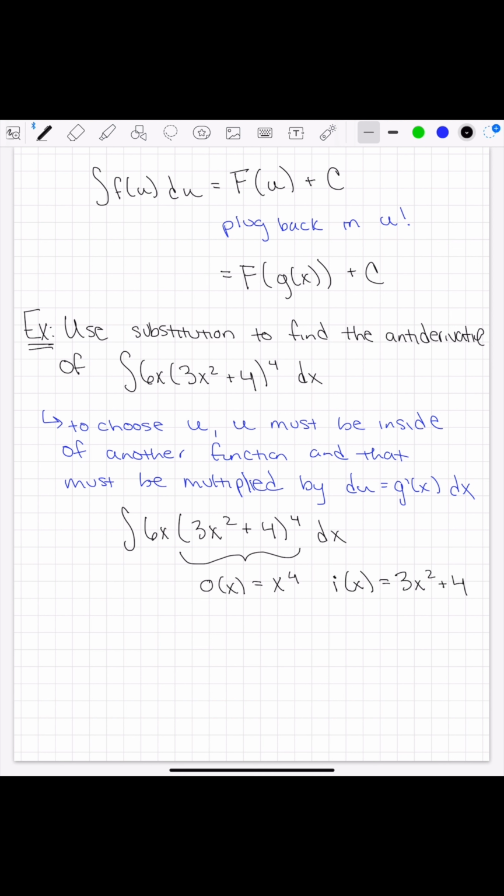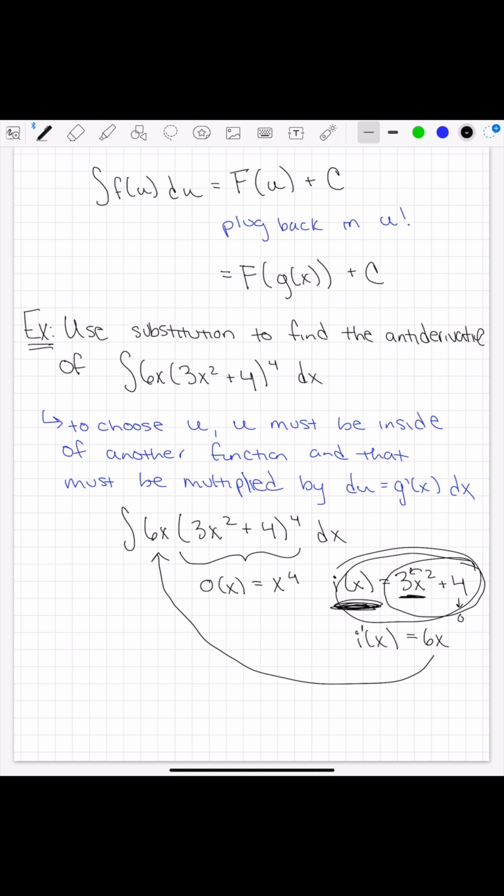So which do I choose? Remember, you want to choose the inside function. So this is going to be our u, and if we notice the derivative of that, what is it? Derivative, you bring down the 2, multiply it by 3, that's 6x, and then the 4 goes to 0. So we see that we have the derivative of u also present. So we know that this is a good choice for our u. So let's do it like that.